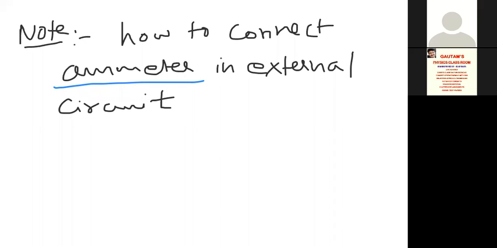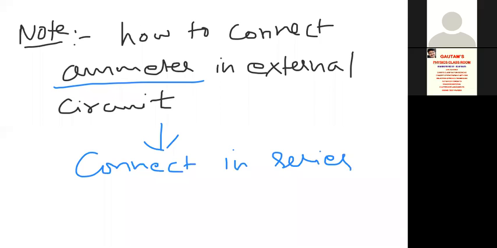So to connect the ammeter in an external circuit, we have to connect it in series. I hope you are clear with this now. How to connect an ammeter in an external circuit means connect in series in the external circuit.